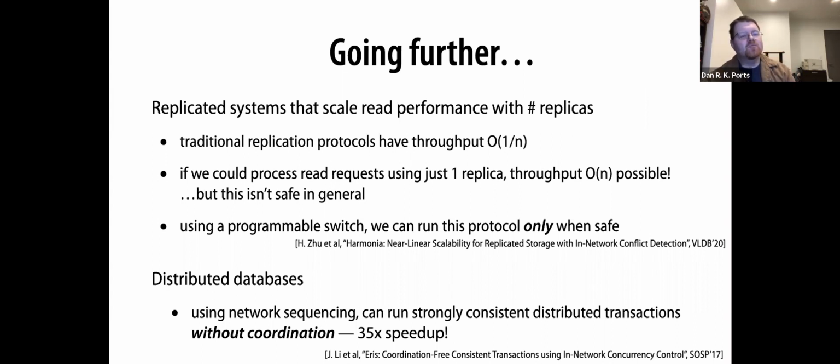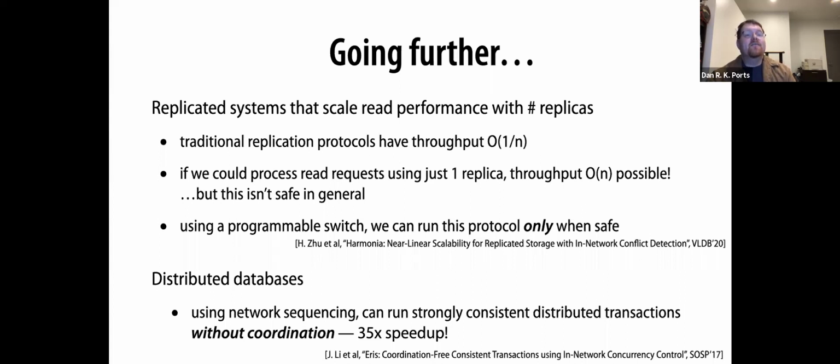Just to mention a couple things briefly, we can build replicated systems where the performance scales with the number of replicas. Traditionally, the protocols we saw have throughput that scales inversely, 1/n, with the number of replicas. So adding more replicas hurts your performance. What we'd really like to do is build something where it's order n.